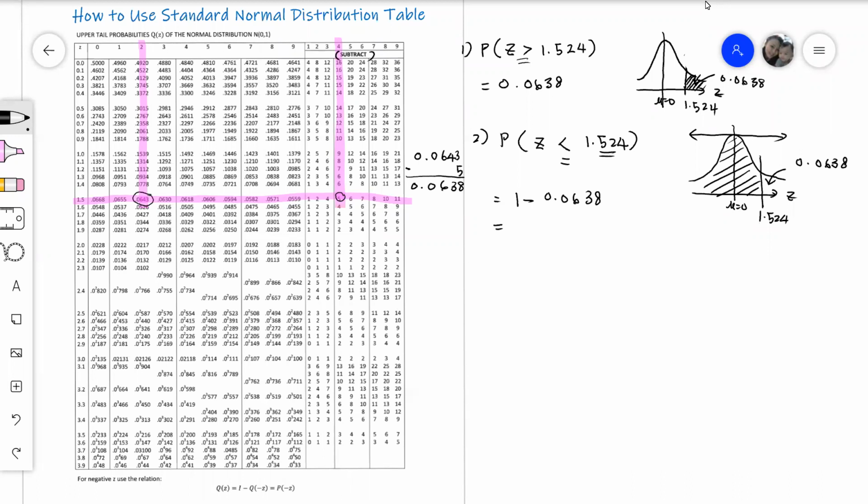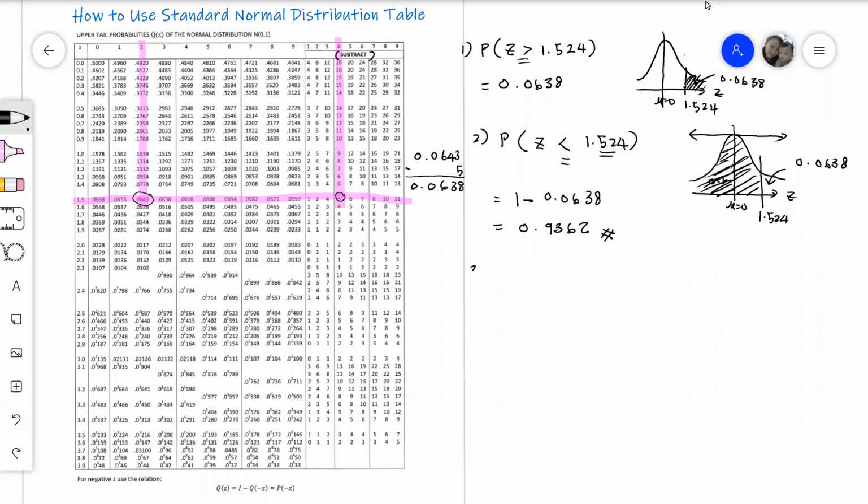When we take away that, the area when Z score is less than 1.524 is 0.9362. Makes sense. Why? Because it's more than half of our bell curve. Remember, each half is actually 0.5, so my probability is definitely greater than 0.5.